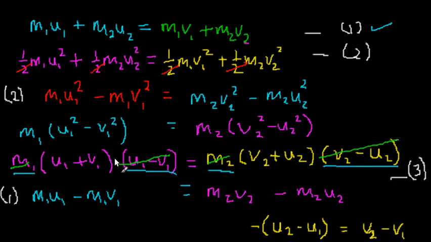And then what remains is just this u1 plus v1 and v2 plus u2. Okay, so now I am going to take equation 3. I'm going to rearrange that.